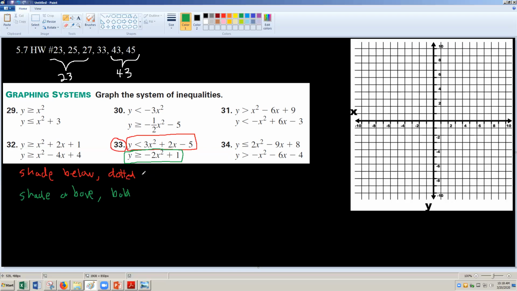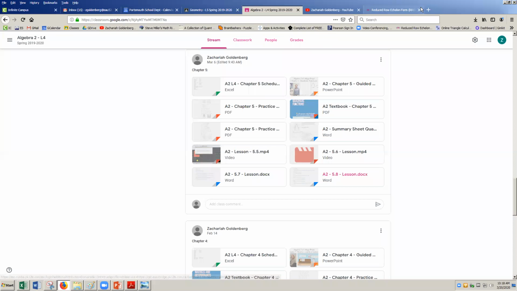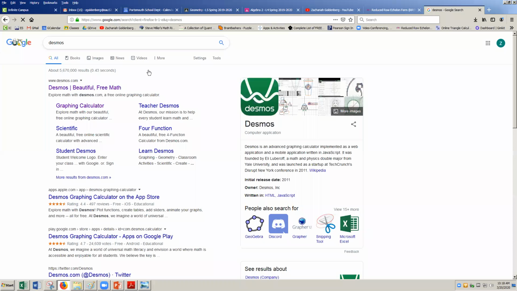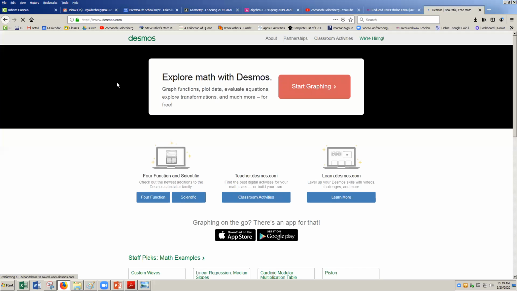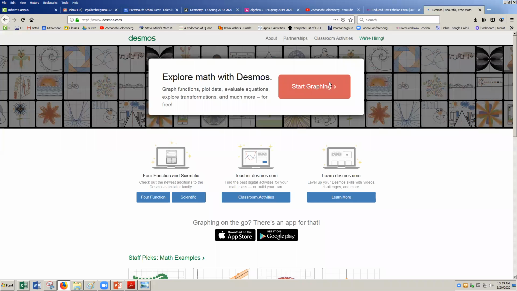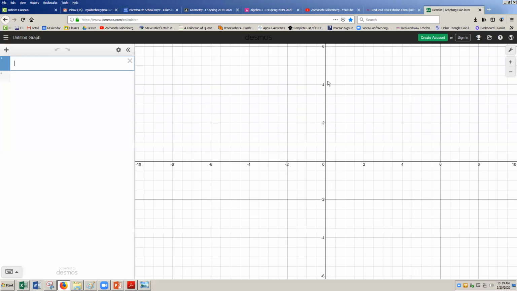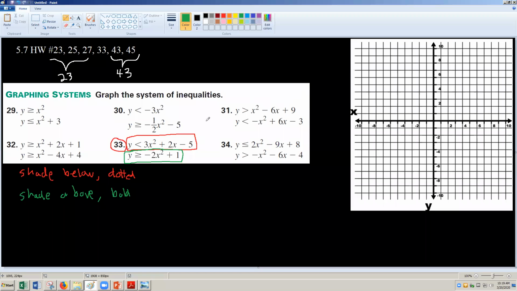When we're looking at these two things, I actually think I want to do this in the graphing software just to get you guys some exposure there. It'll also look a lot cleaner than me doing it out here. So we go to Desmos, we go to start graphing. Apologize for flipping back and forth here.